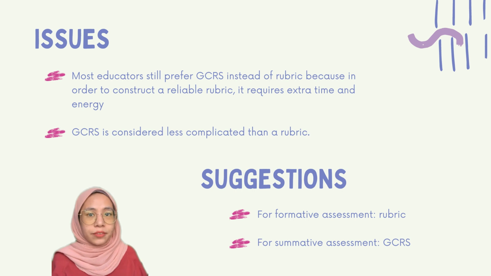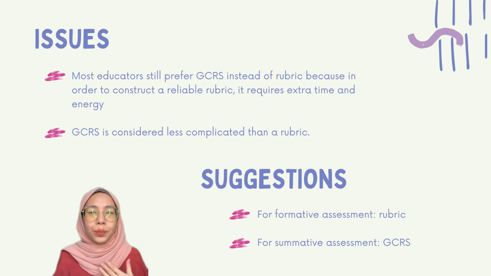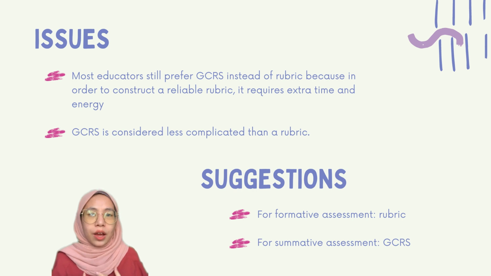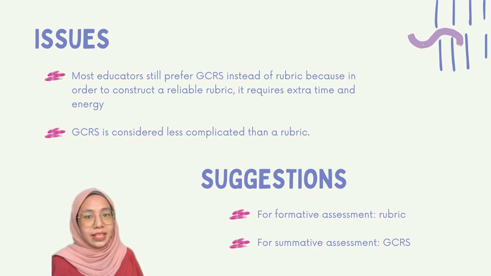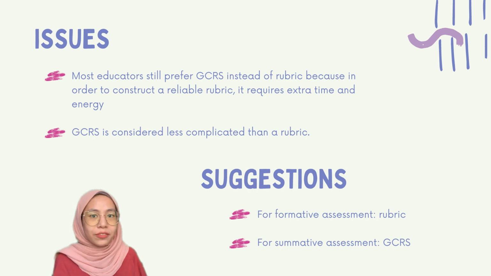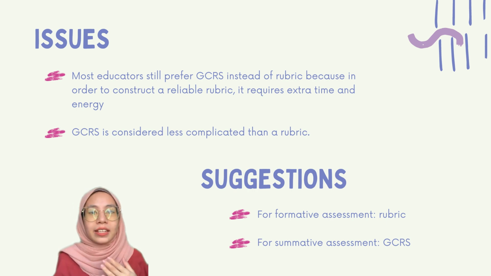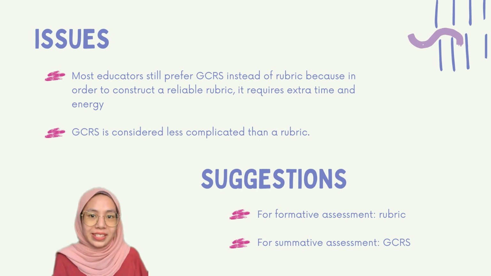From my perspective, I think it would be better for teachers to be able to inculcate both the use of GCRS and the use of rubrics in the classroom. My suggestion is that for formative assessment, maybe teachers can use more rubrics to assess the students, and then for summative assessment, teachers can apply the use of GCRS.